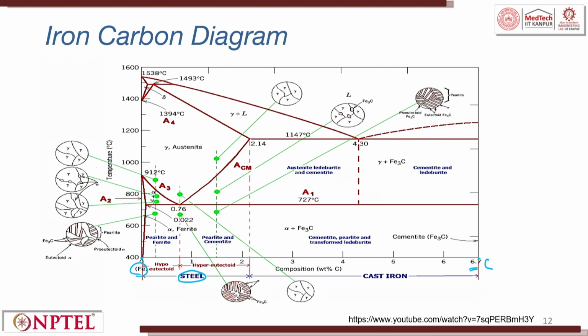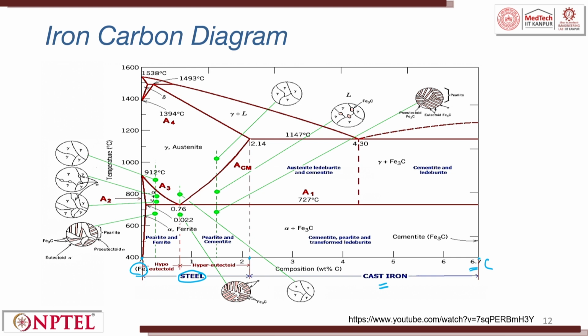Anything above 2.1% will lead to cast iron. So, cast iron will have more carbon and steel will have less. Here we again saw low carbon steel, medium carbon steel and high carbon steel, depending upon the percentage, and this can change.